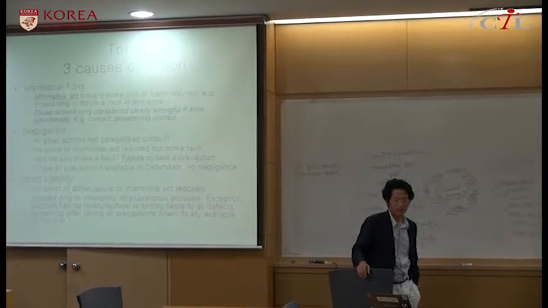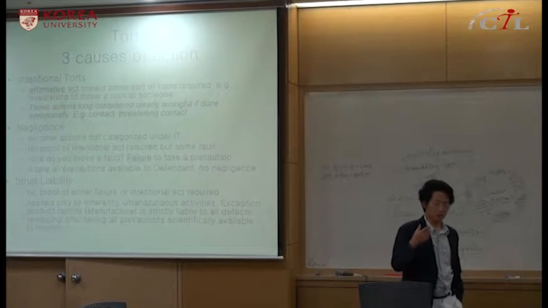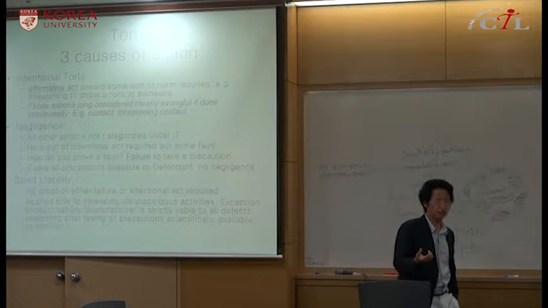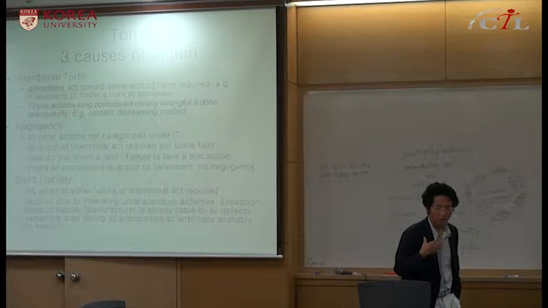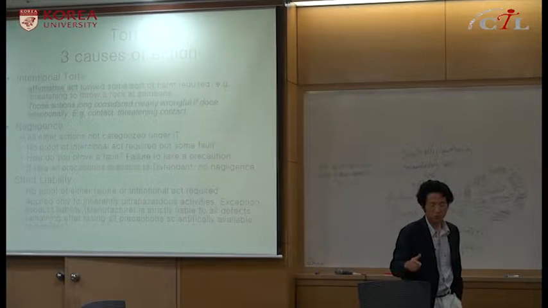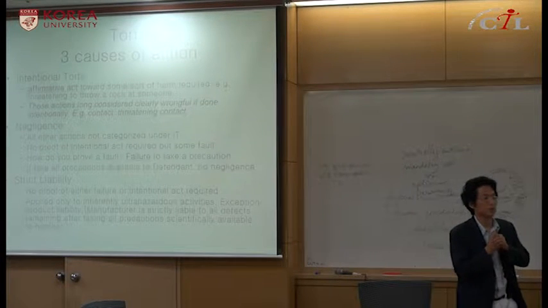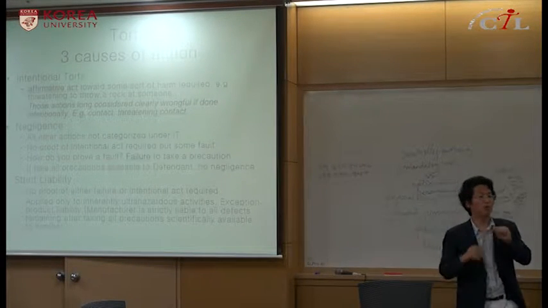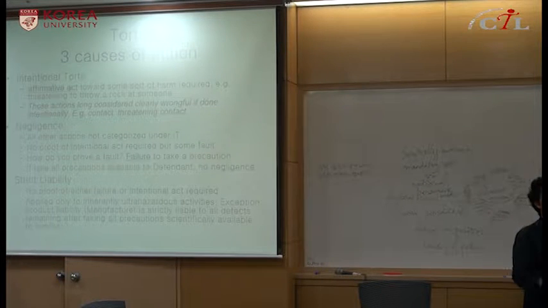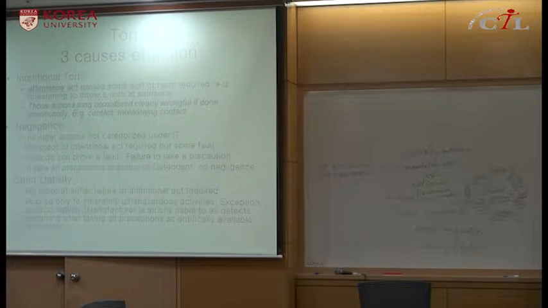Intentional torts is when the defendant engages in some affirmative act toward some sort of harm. For instance, threatening to throw a rock at you, or actually throwing a rock. So some harm is intended toward another person.